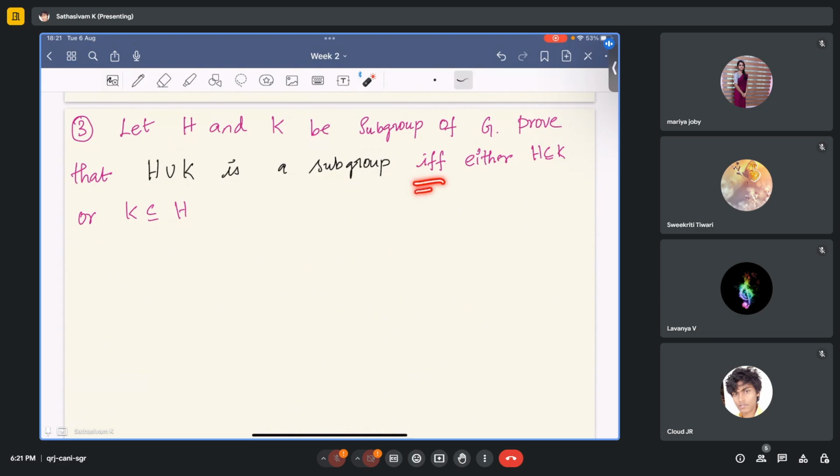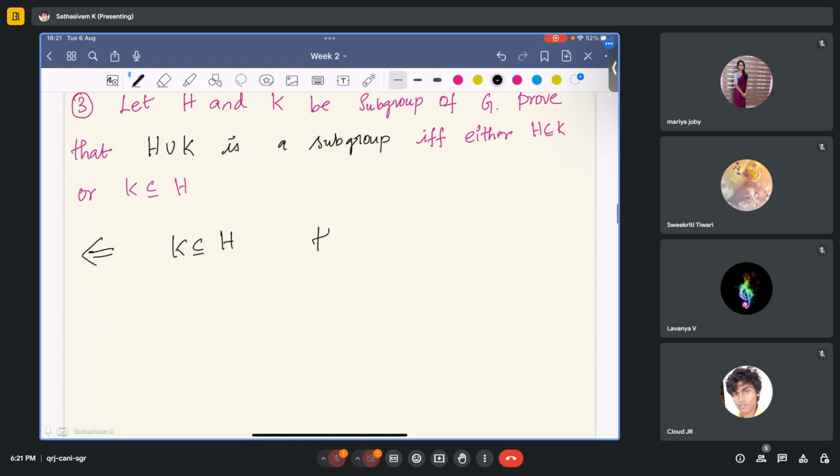See, if you look here, this direction is actually easy, right? Let's prove this direction first. The statement says the following: either this has to happen or this has to happen. So let's do each of them separately. Suppose K is contained in H, then what happens? I'm going to prove this direction.